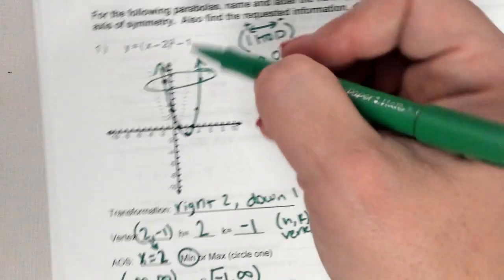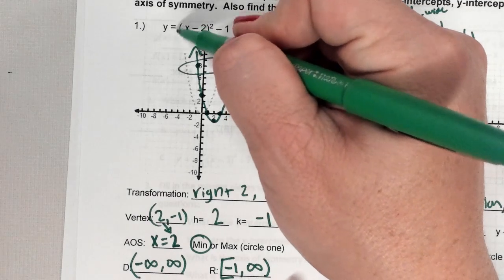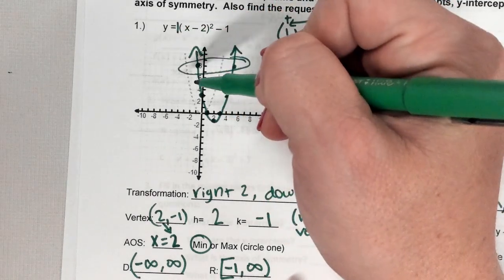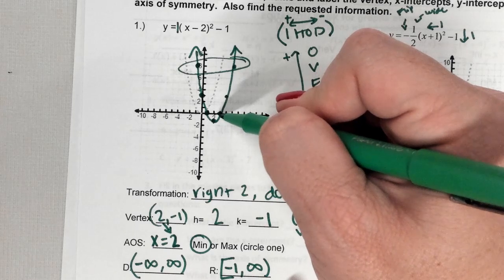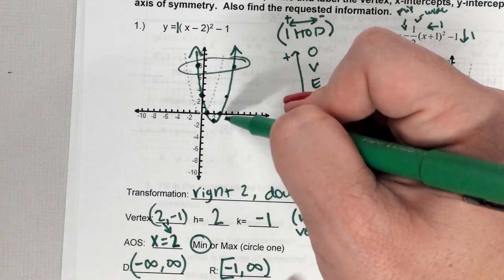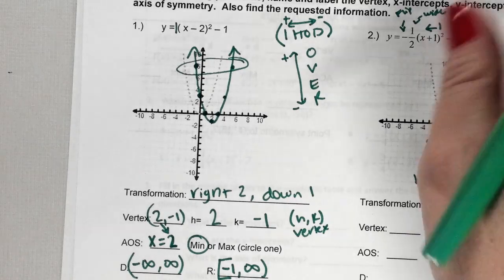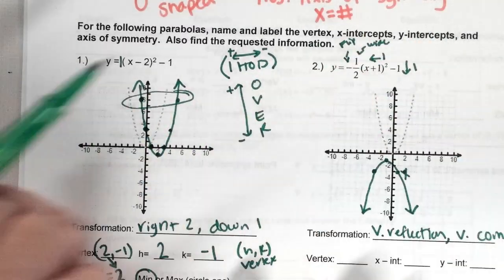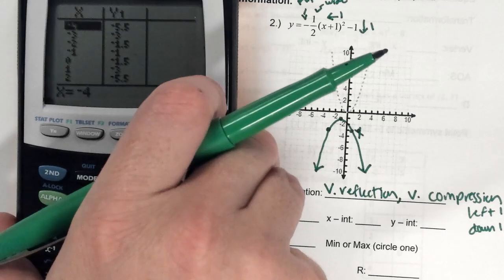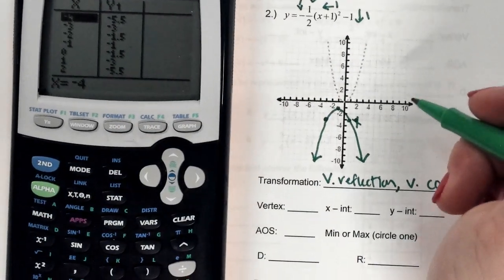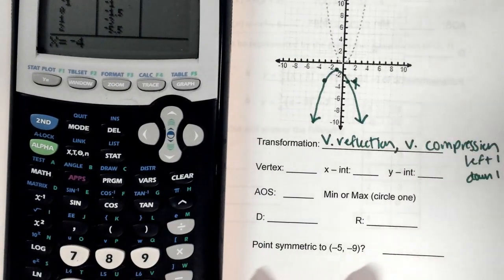Guess what number can I put right here if I didn't have a number? Can I put a 1? How much did this change? Didn't it just change 1? So that first change from your vertex to the next point is your A value. Okay? That's how you can always find it if it's not given to you. Now, domain. What's my domain always?